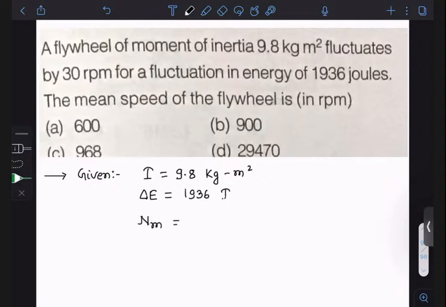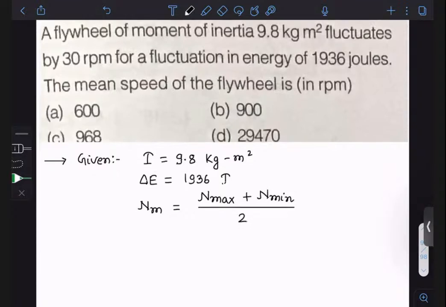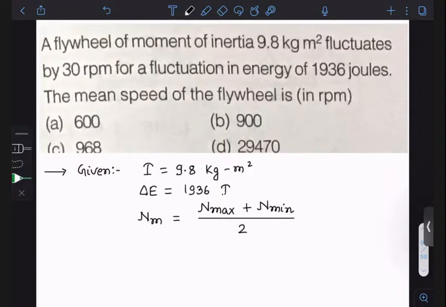N mean we know very well, that is maximum speed plus minimum speed divided by 2. Now guys, here one phrase is written, fluctuates by 30 rpm. Whenever you write CS, what is it?